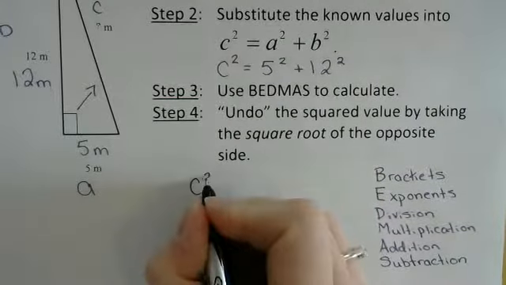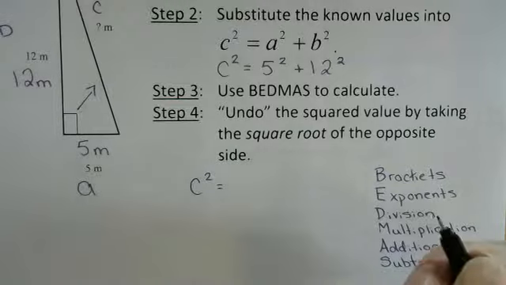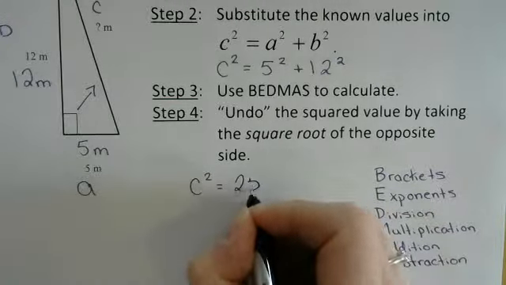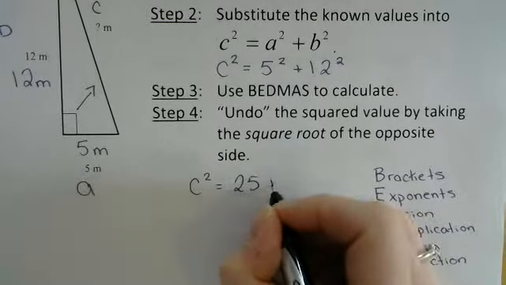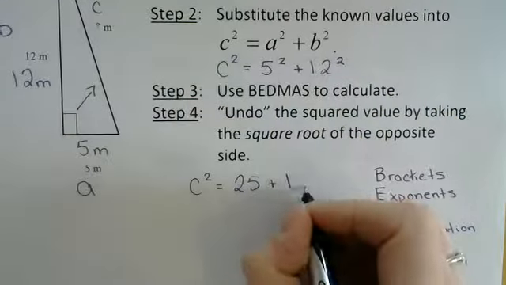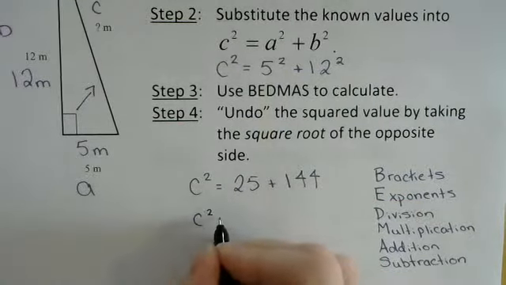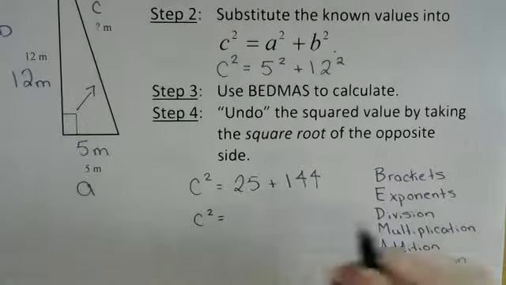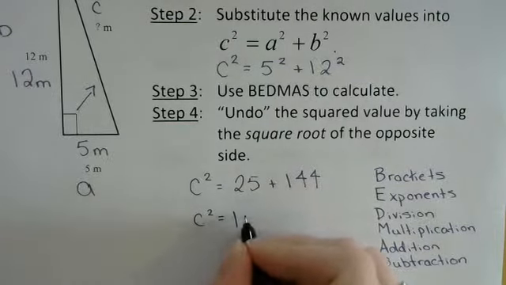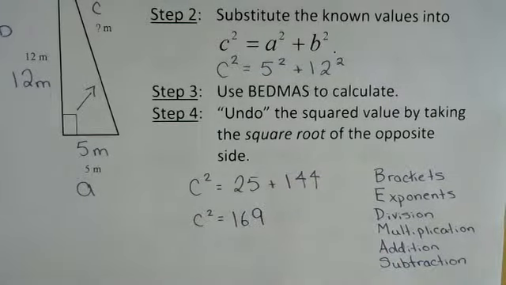So C squared equals 5 squared, which is 25, plus 12 squared, which is 144. So now we know that C squared is 25 plus 144, that's 169.